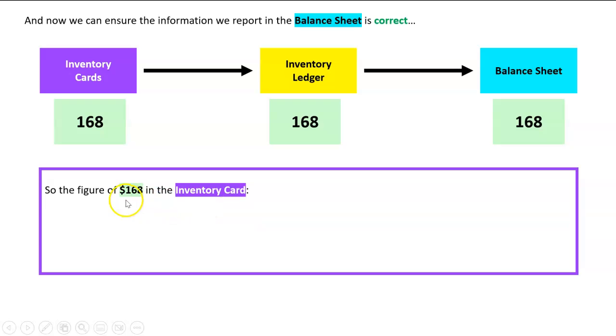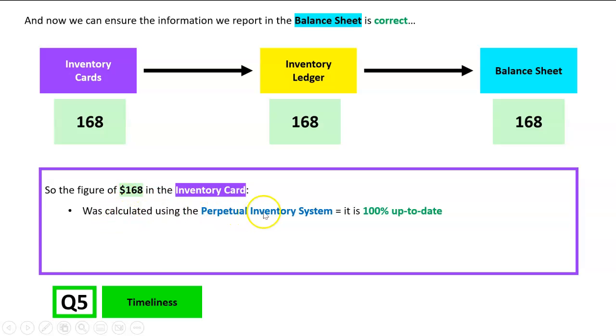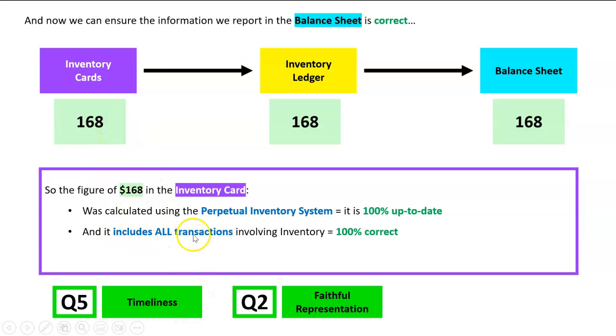And that figure was calculated using the perpetual inventory system. That means as soon as something happened, we recorded it. So it's 100% up to date. I guess that fulfills our qualitative characteristic of timeliness. This $168 figure also includes every single transaction. Every possible transaction we could have done except for inventory write-down was done. So that means it's 100% correct, this $168 figure.